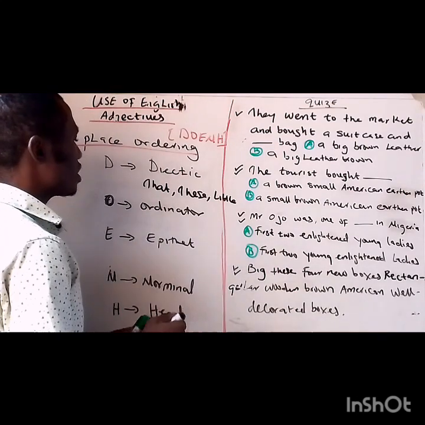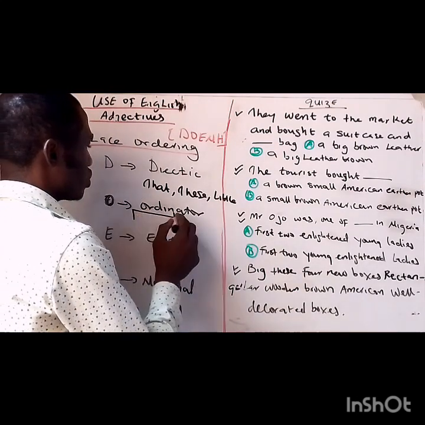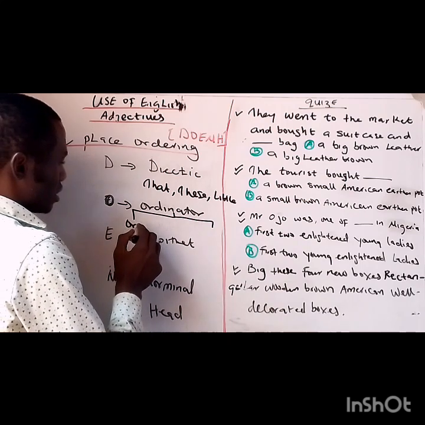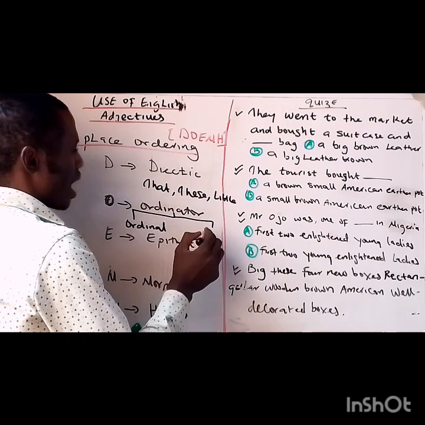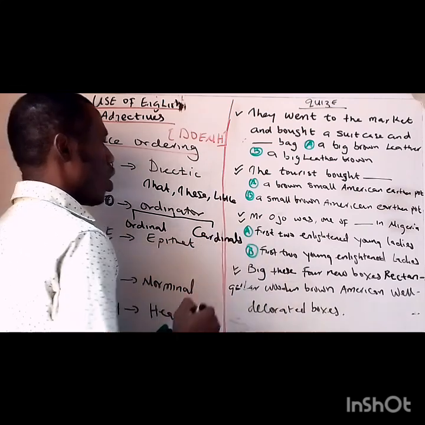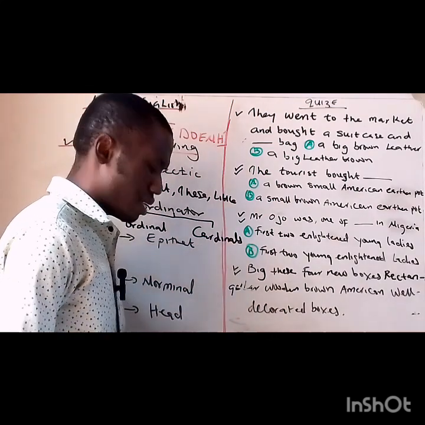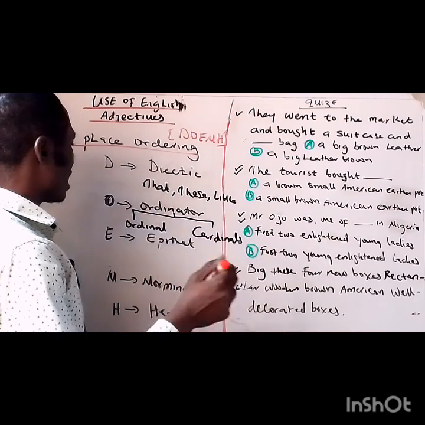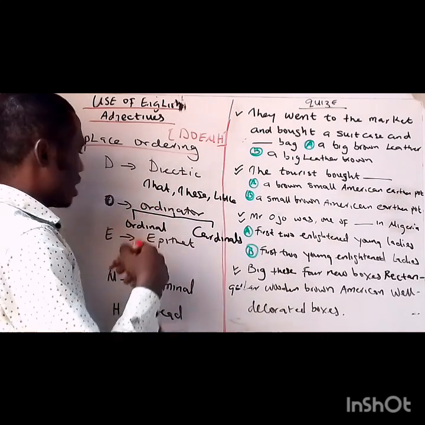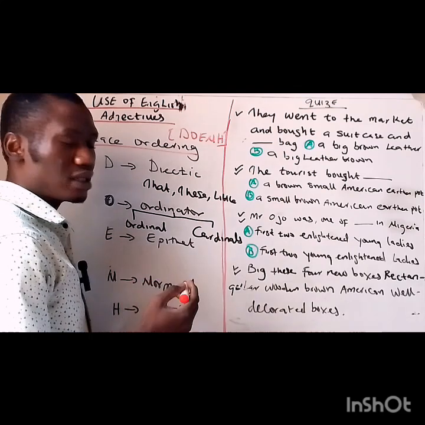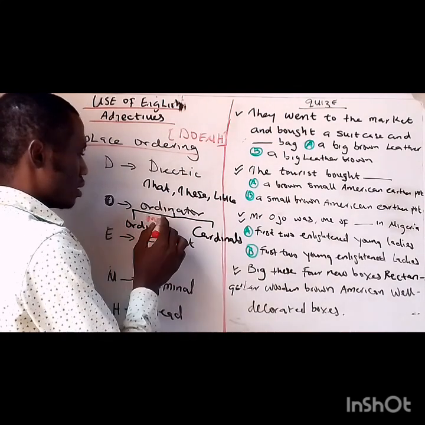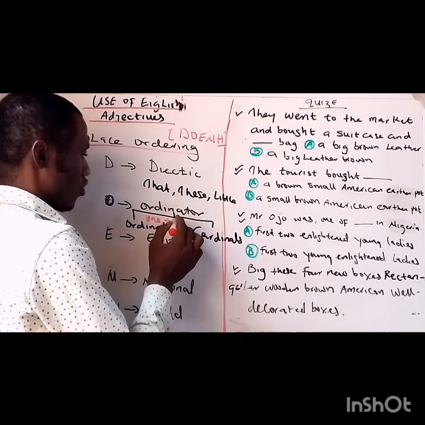Now, the ordinators are divided into two. We have the ordinals, and then we have the cardinals. When you look at the ordinals, let me use this space here. Examples of the ordinals are, for instance, 1 for the ordinal, 2 for the ordinal.